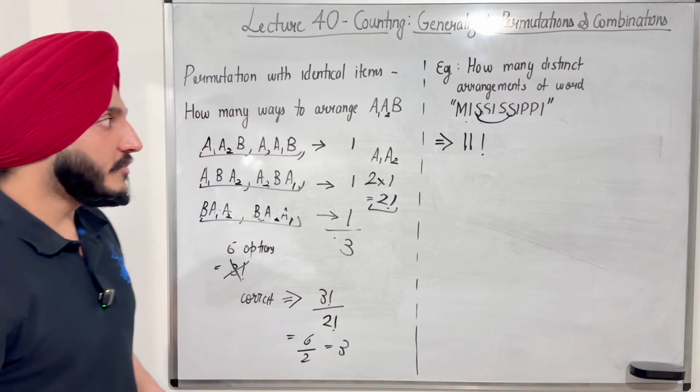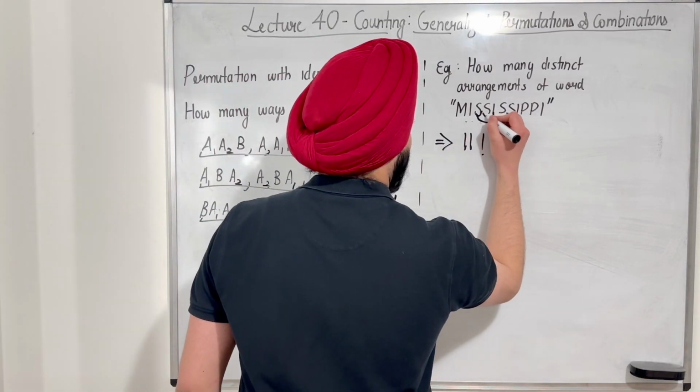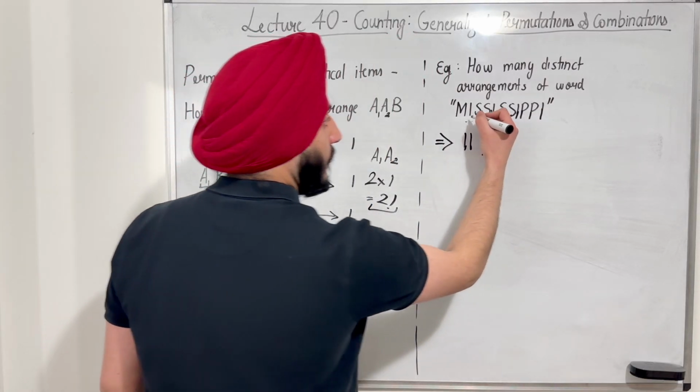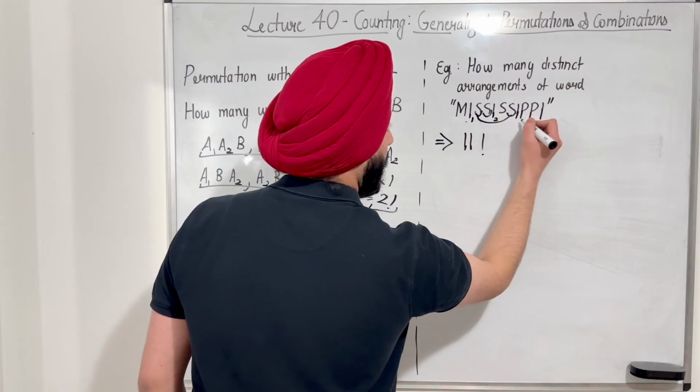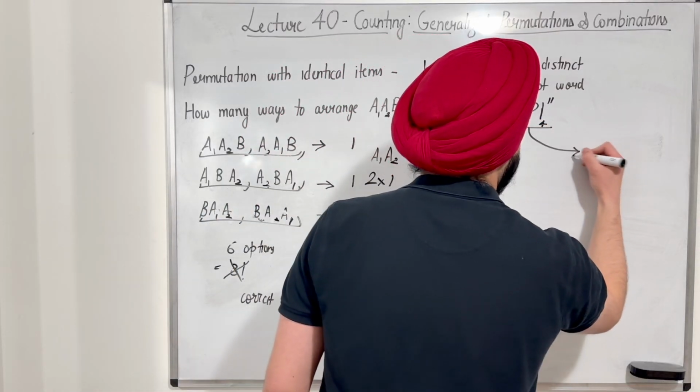Let's try to understand what we need to do. Let's pick the example of I for now. I have a total of four I's. Let me label them I1, I2, I3, and I4.